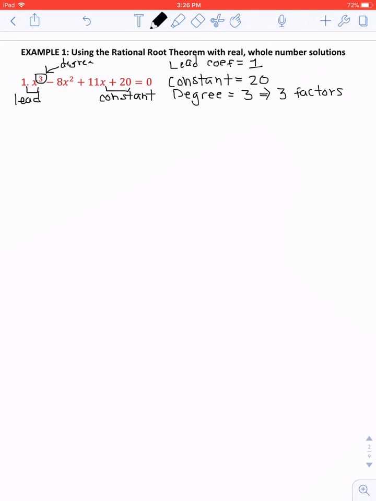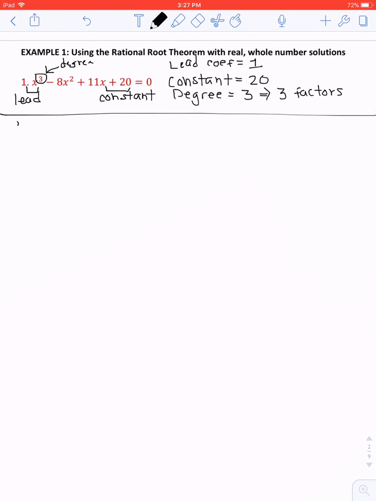We'll talk more about why that's true at a later point. But it's nice to look at now. It's a way just to check our kind of final answer. All right, so our lead coefficient, our constant, and our degree are the information that we need to identify so that we can do this 4-step process. So let's talk through that.